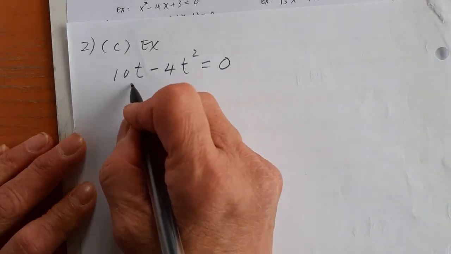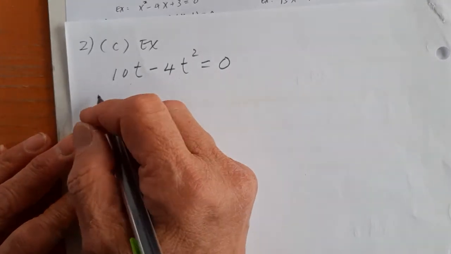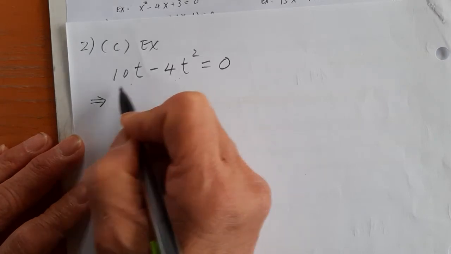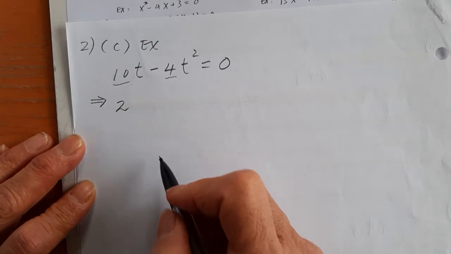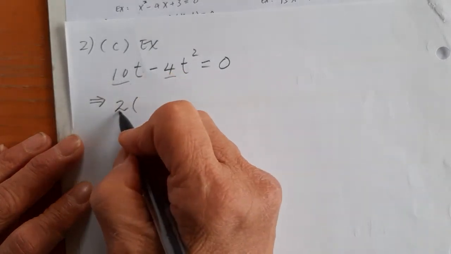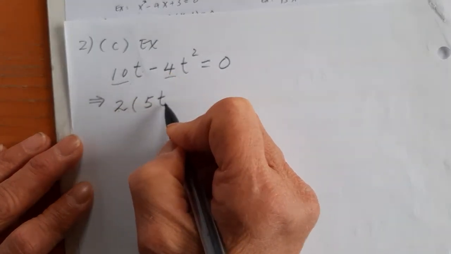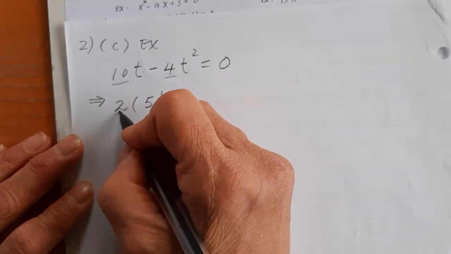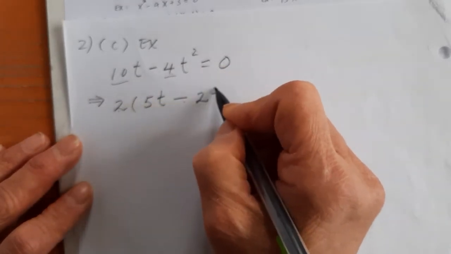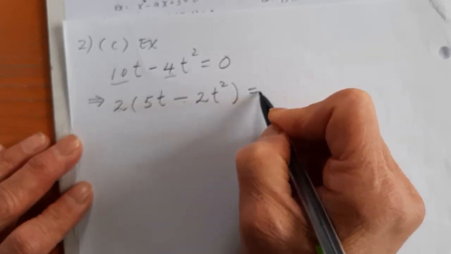First of all, these 2 terms have a common factor, so we factor it out. 10 and 4, the common factor is 2. Factor out 2. So 10t divided by 2 is 5t, minus, still minus, 4t squared divided by 2 gets 2t squared, equals 0.